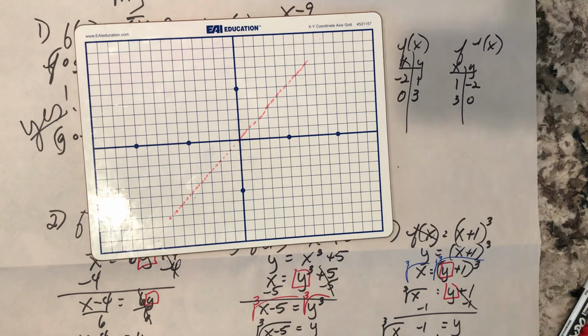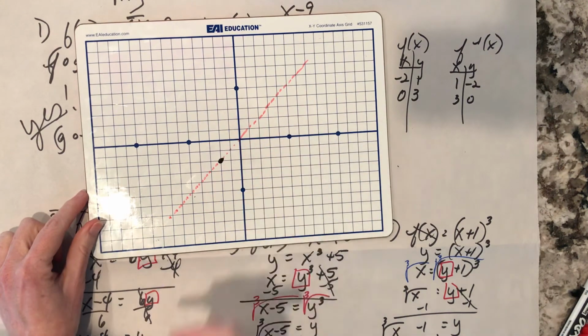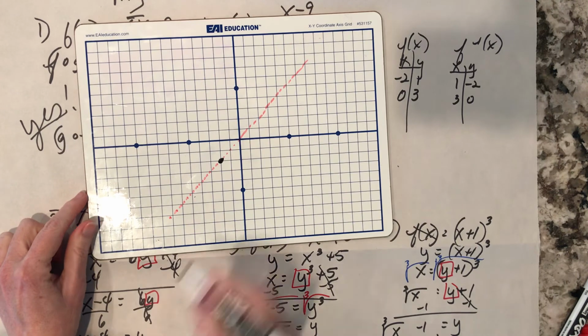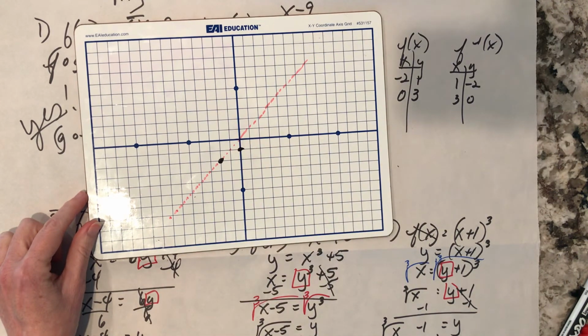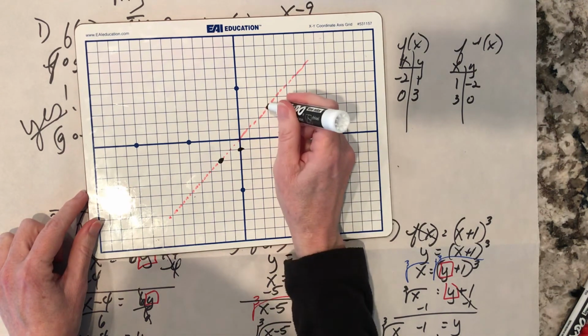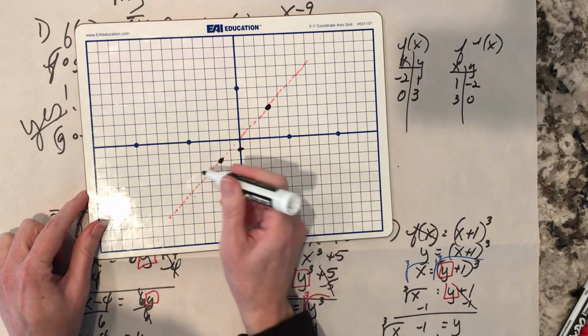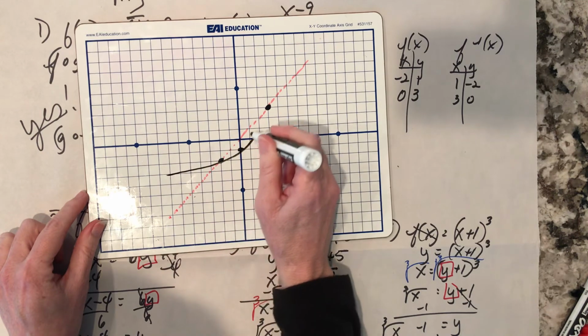We've got -2, -2. We've got 0, -1. And we have got 3, 3. And this thing does something like that.